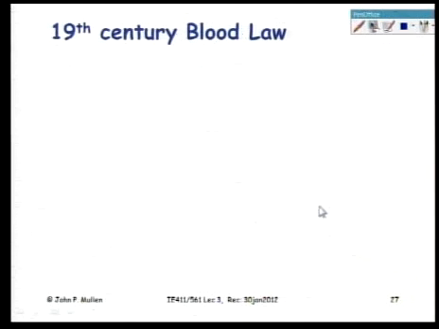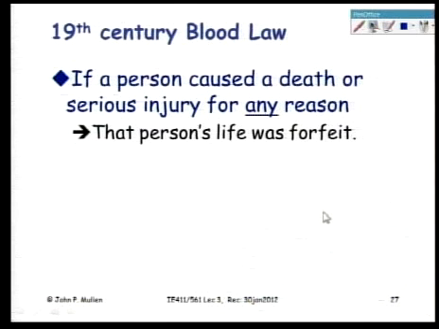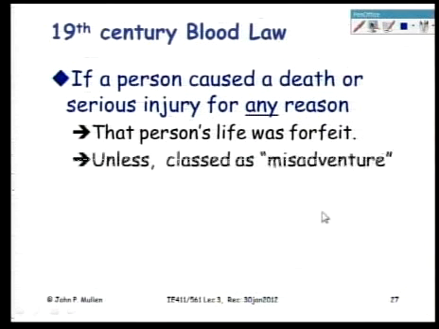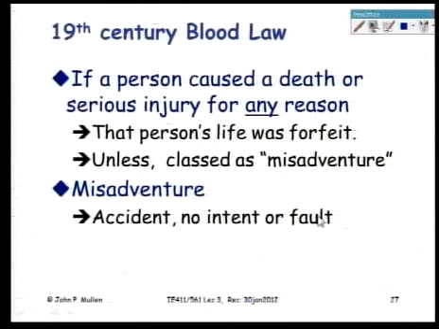Now, blood law: if the person caused the death or serious injury of another for any reason, that person's life was forfeit unless it was classified as a misadventure. I think we'd call that an accident nowadays. Misadventure: accident, no intent or fault.